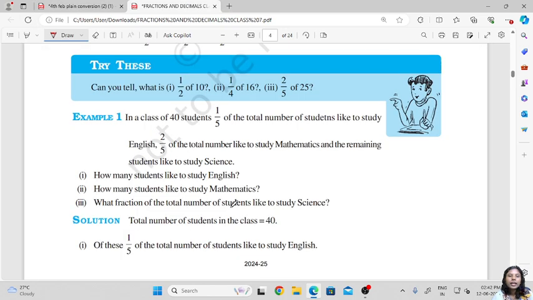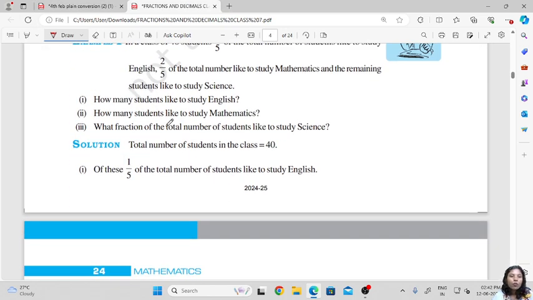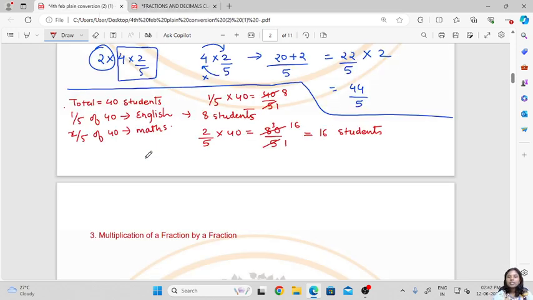Now the next question is what fraction of the total number of students like to study science. So they are asking how many students like to study science, but in fractional form. First we'll try to solve it in a simple manner. We already know there are 40 students, out of which 8 like English and 16 like maths.